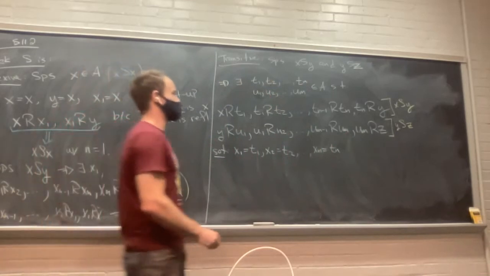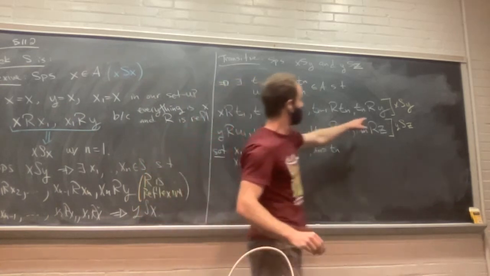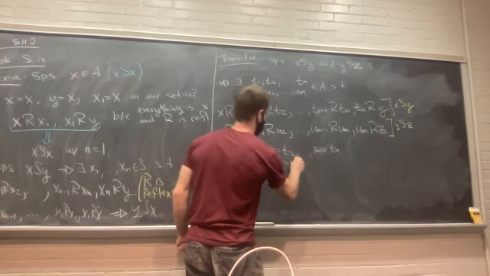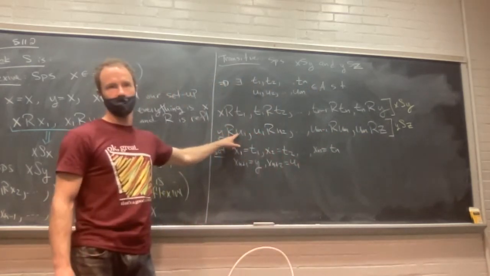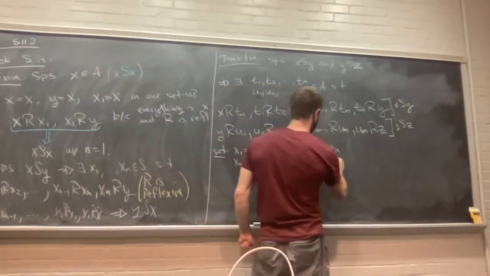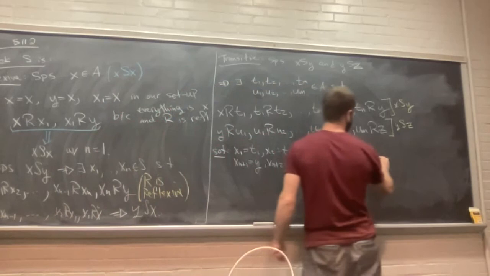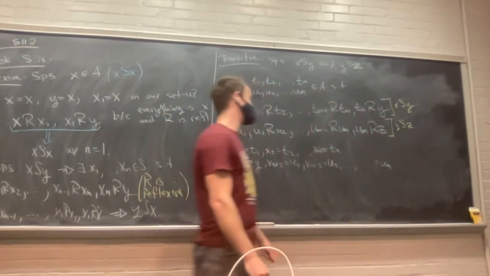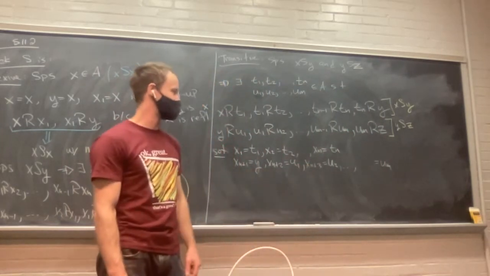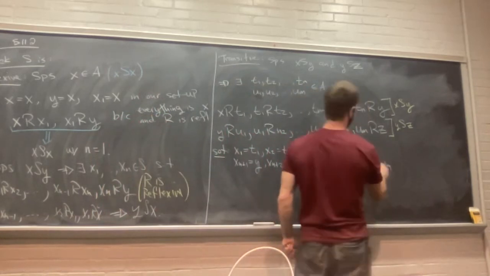And then we'll set Xn plus 1 equal to Y, because that's the next one. Xn plus 2 equal to U1. And then Xn plus 3 equal to U2. So that would be the next one. All the way up to something is equal to Um. Let's see, what is it going to be? It's going to be m plus n plus 1, right? Xm plus n plus 4.